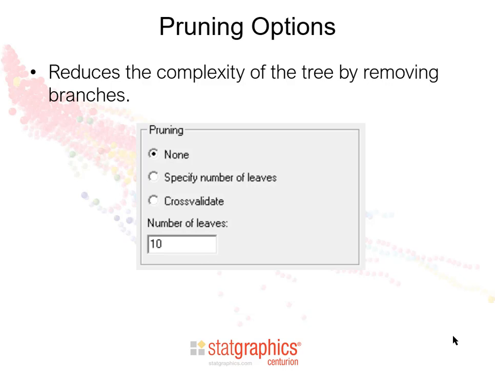When you do pruning, you start with a very complicated tree, and then you start removing leaves and branches until you get down to a tree of the proper complexity. Now in Statgraphics, we have two ways that we can do pruning. One is by specifying the number of leaves. The second is by doing something called cross-validation.